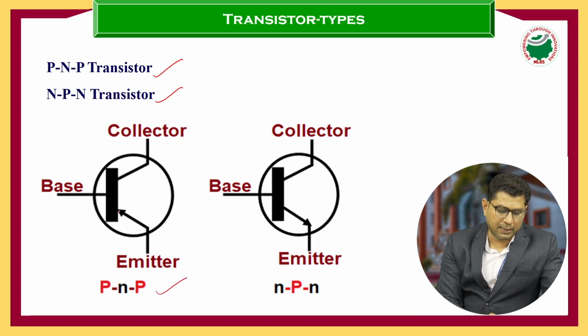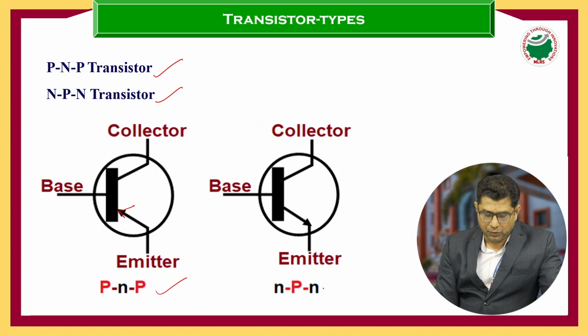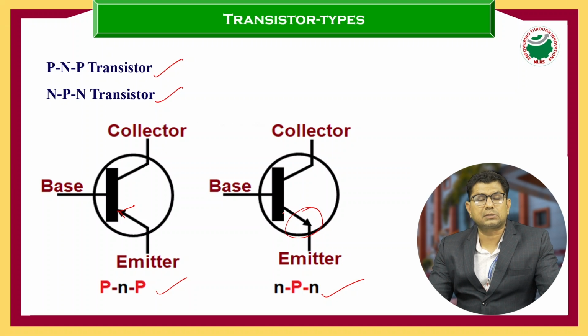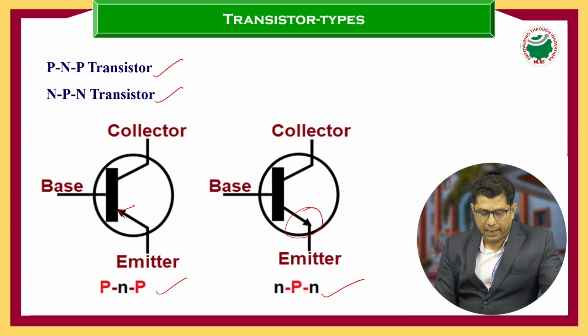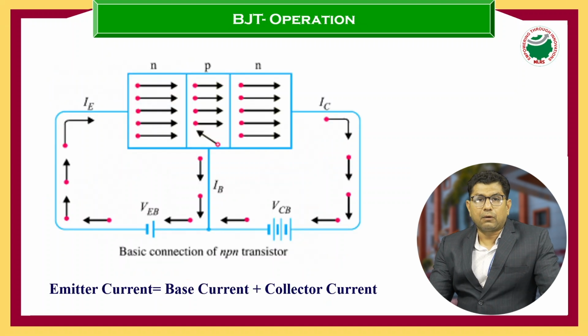Here you observe the arrow direction: it is inward, which shows the current direction. For the NPN transistor, the arrow mark is outward, which shows the direction of the current. In an NPN transistor, the current flows from base to emitter side, and in a PNP transistor, the current flows from emitter to base junction. Now we will observe the bipolar junction transistor operation.